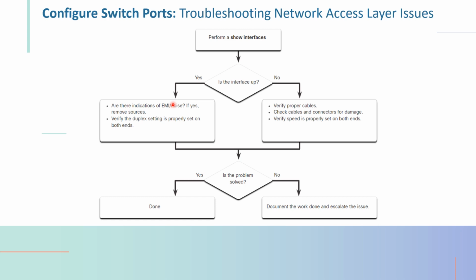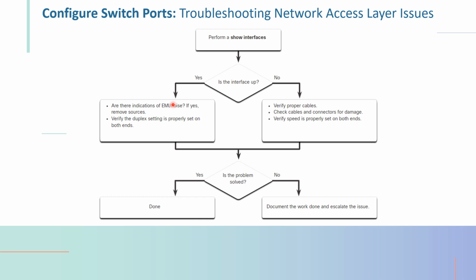If there are collisions or late collisions, verify the duplex setting of both ends of the connection. Much like the speed setting, the duplex setting is usually auto-negotiated. If there does appear to be a duplex mismatch, you have to manually set the duplex to full on both ends of the connection.